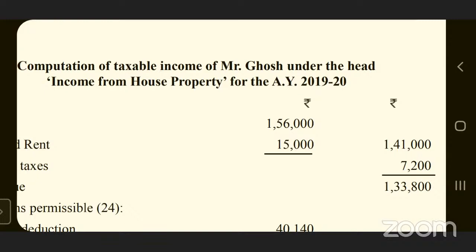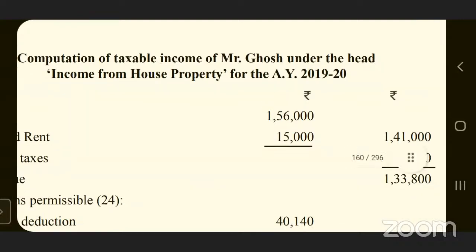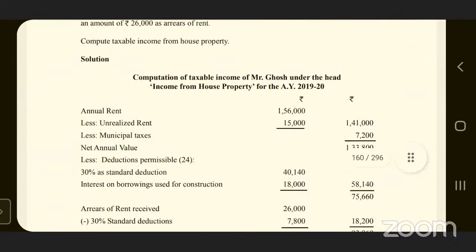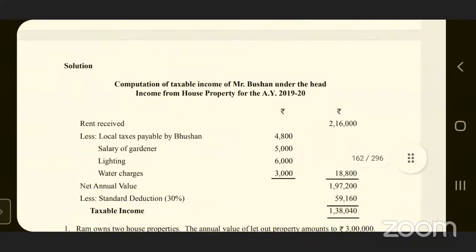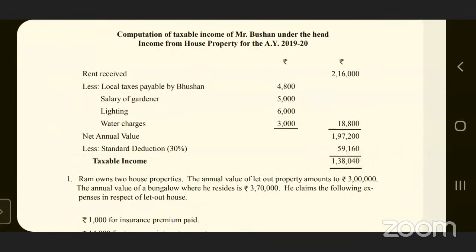Assessment year is 21 to 22. So this is a past edition, not a recent one. So what you have to mention, assessment year is 21 to 22. Every year it will change according to the financial year. So this is the important aspect of computation of income from house property.